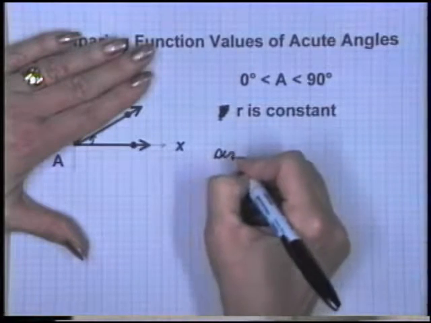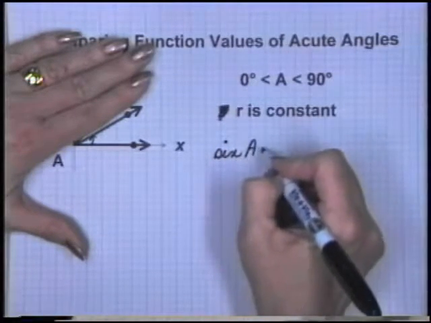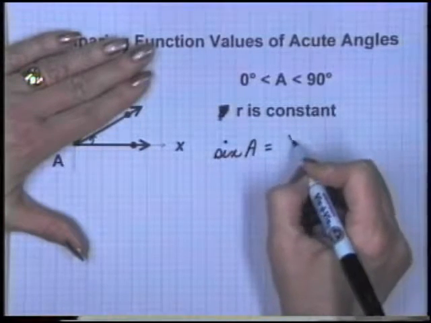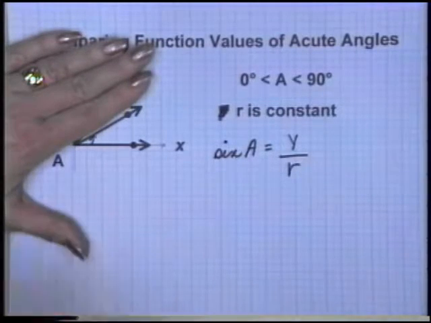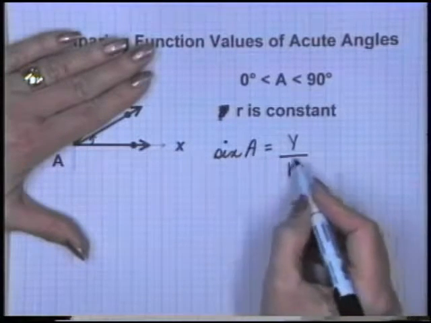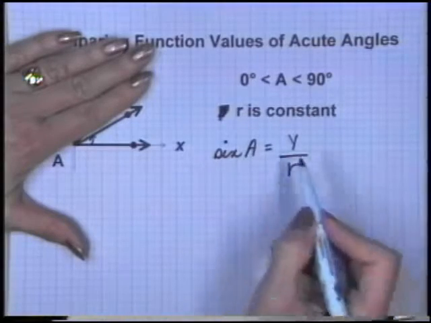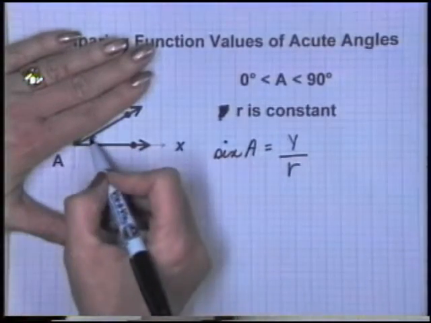I want us to look at the sine of angle A, and of course we know the sine of angle A equals y divided by R. So if we want to see what happens as A increases, if we're keeping R constant, then what we want to figure out is what's happening to the y. So let's look at that.